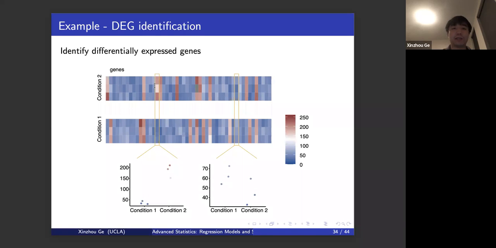If the gene is a DE gene, it means that we can use condition as a predictor to successfully predict the number of counts. If it is not a DE gene, the difference in the number of counts is totally from random noise, and the condition is not a significant predictor.